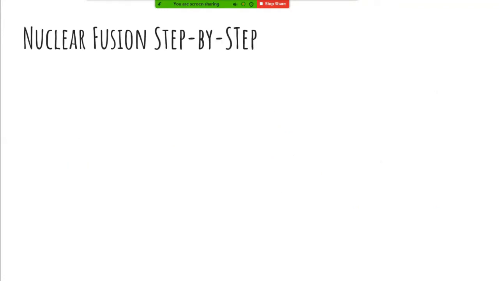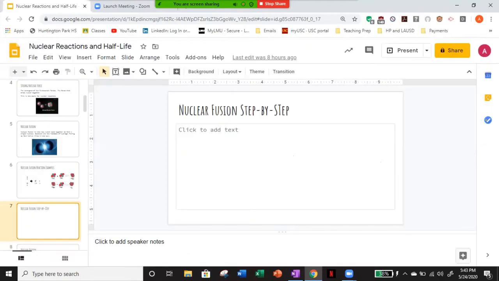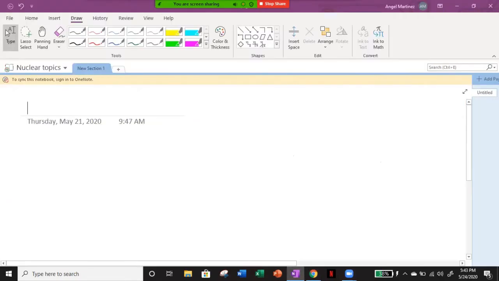So let me show it step by step. Right here, like I mentioned, we have 1 isotope of hydrogen with a neutron and a proton, plus another isotope, equals helium, and another neutron.